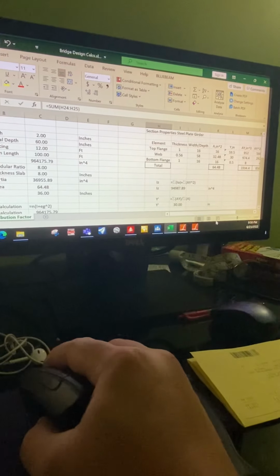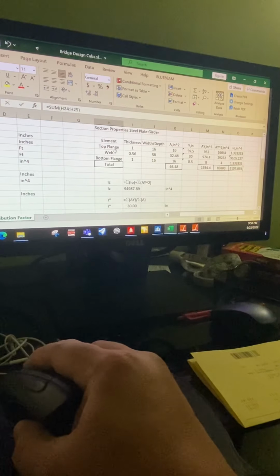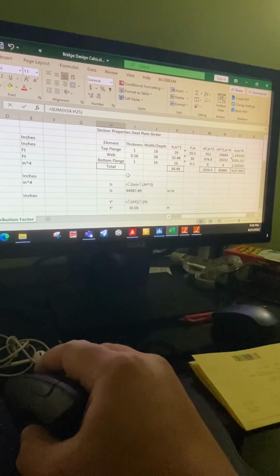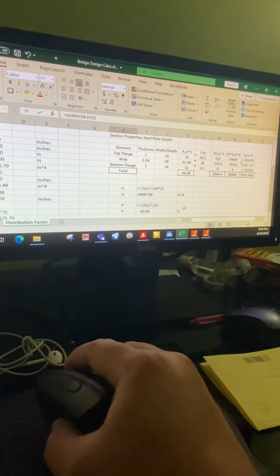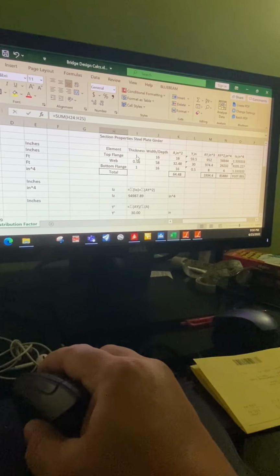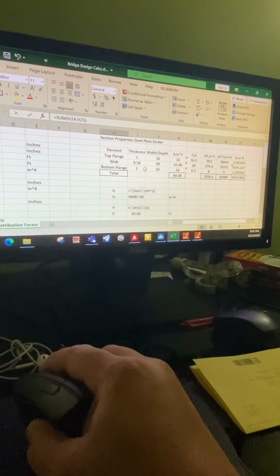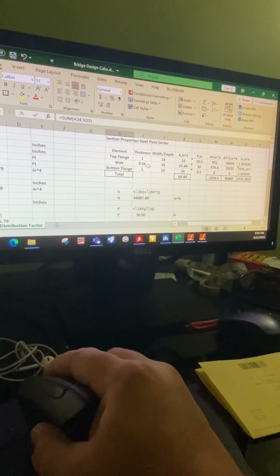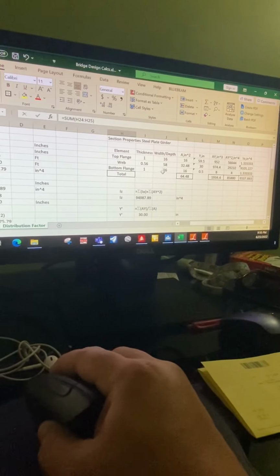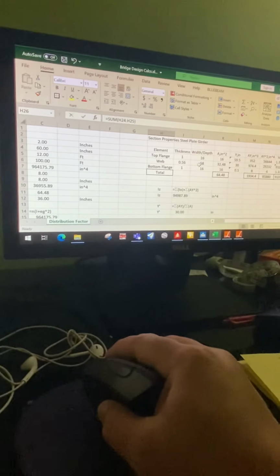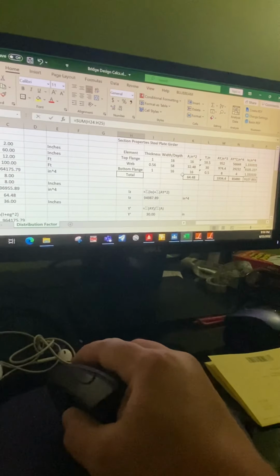As you can see here, we have a 60 inches total depth steel plate girder. We have a 1 inch thickness for the top flange, 0.56 inches thickness for the web, and 1 inch thickness for the bottom flange. Both top and bottom flanges have 16 inches width.